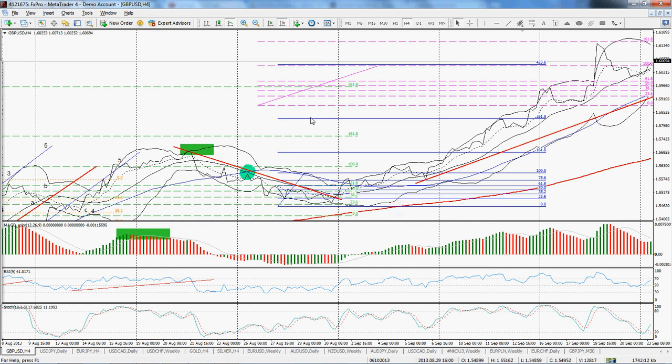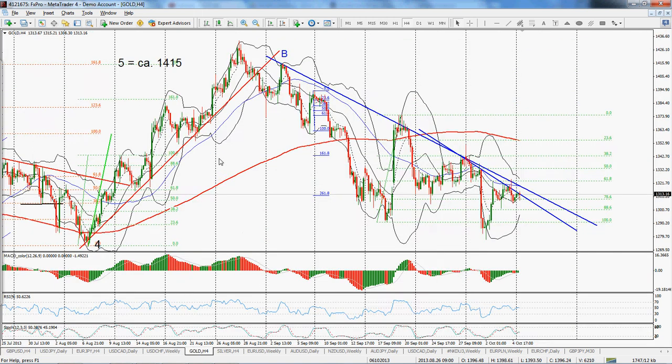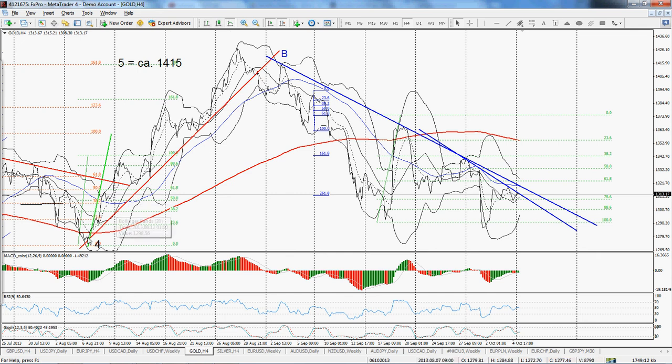Okay, I'll show you another example. Gold, and again, I had a nice upward movement. There is a Bollinger middle band, and I waited until the market makes a nice first point, the first low.